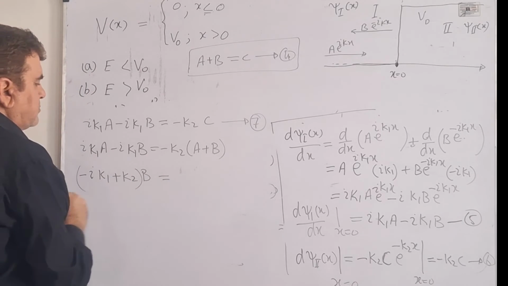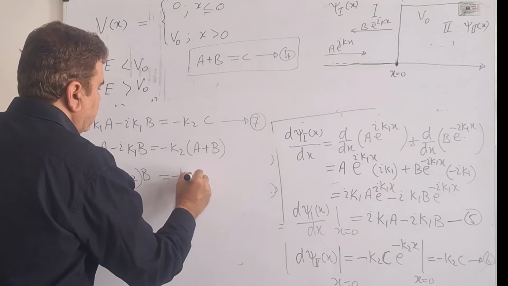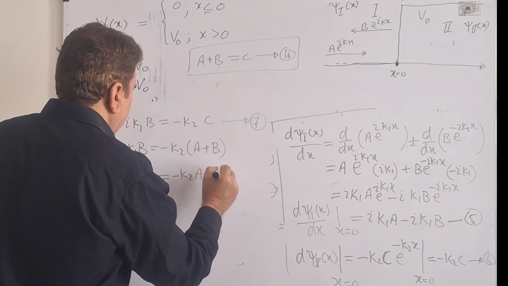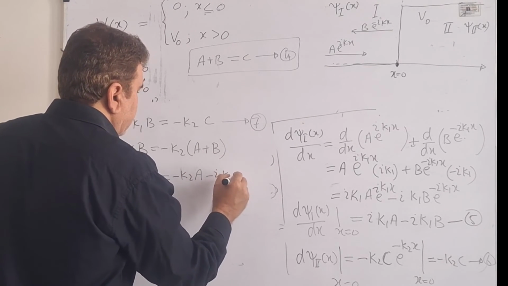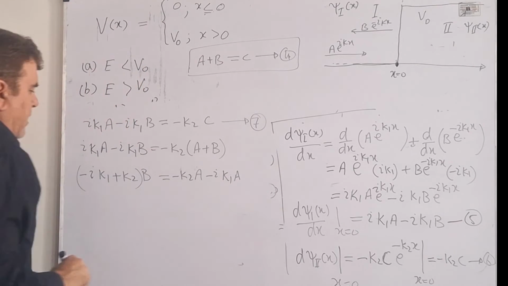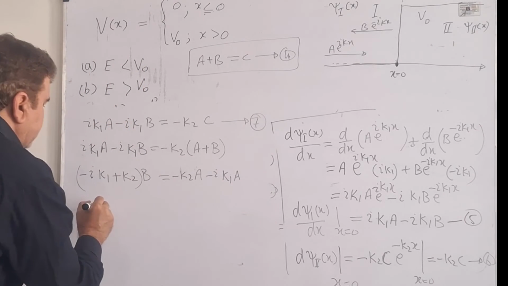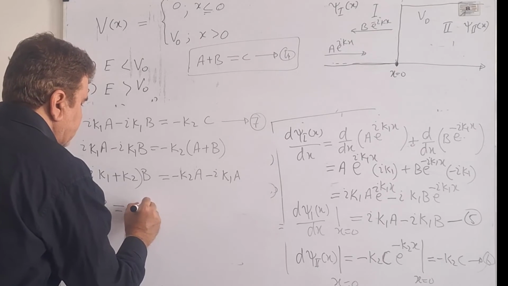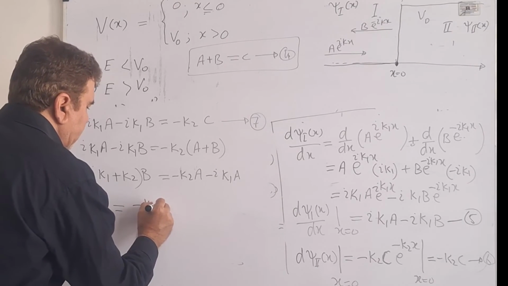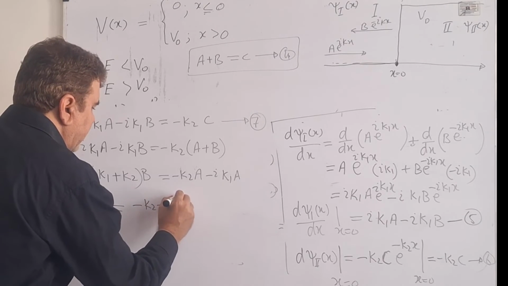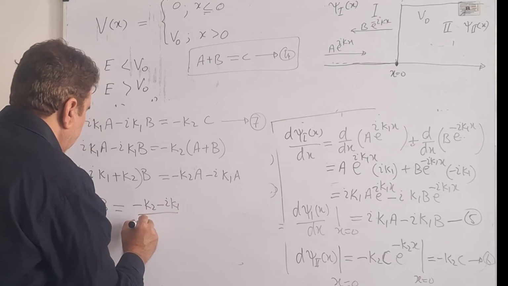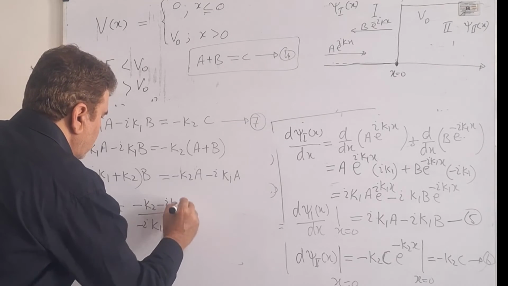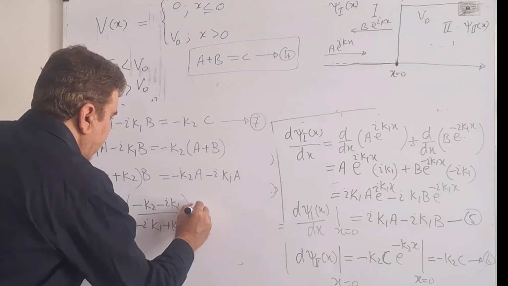equals minus k2 times a, and there would become minus iota k1 a, or I can write b equals minus k2 minus iota k1 divided by minus iota k1 plus k2, the whole multiplied with a.